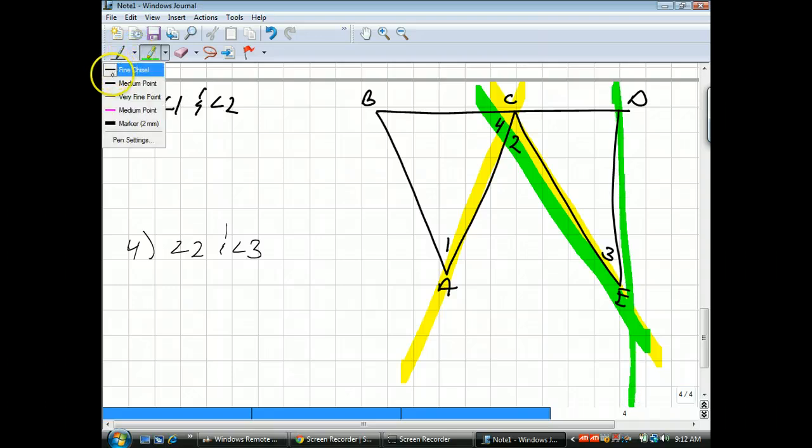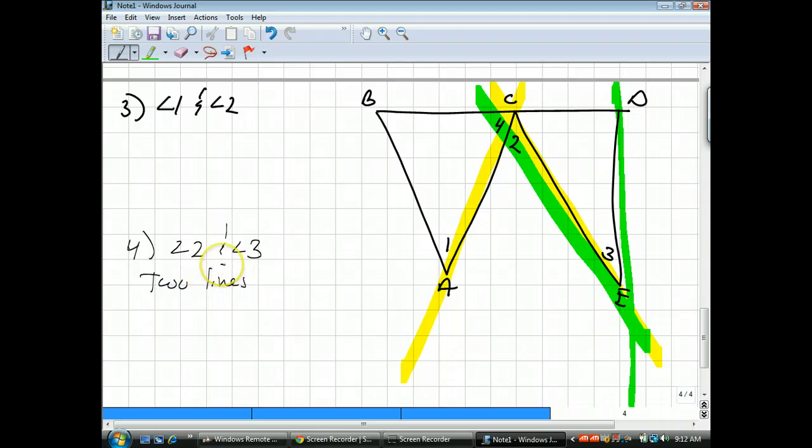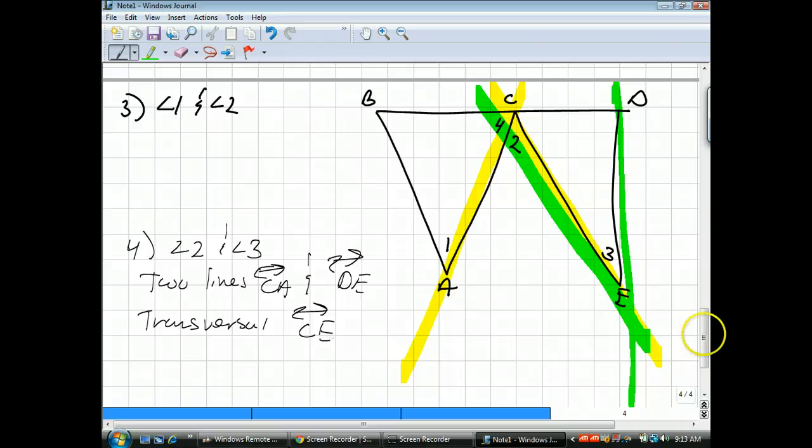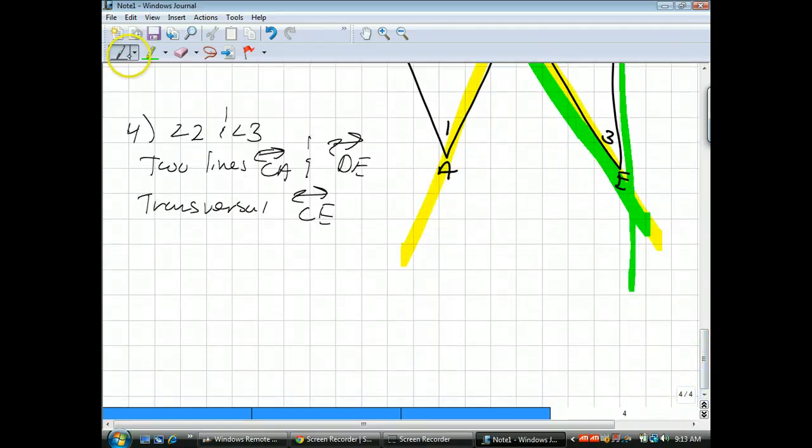Okay, so the two lines are going to be line CA and line DE, and the transversal is going to be the one that they share, which is line CE. Okay? All right, let's do one more example here.